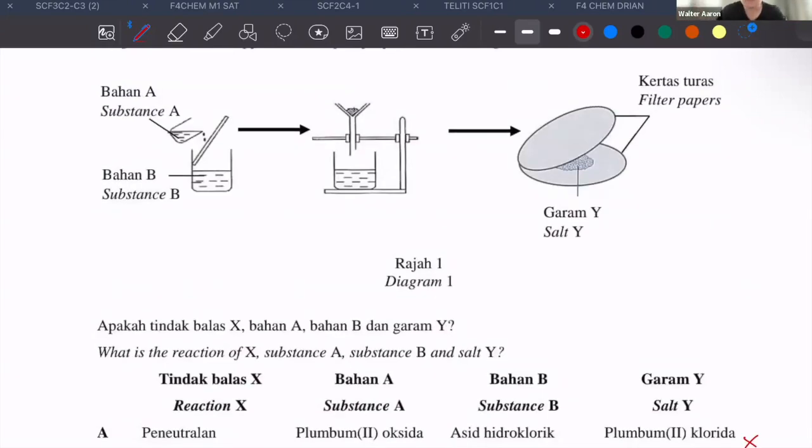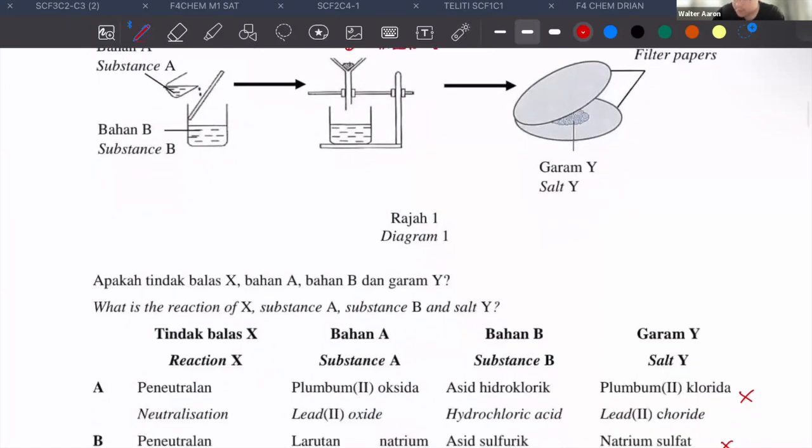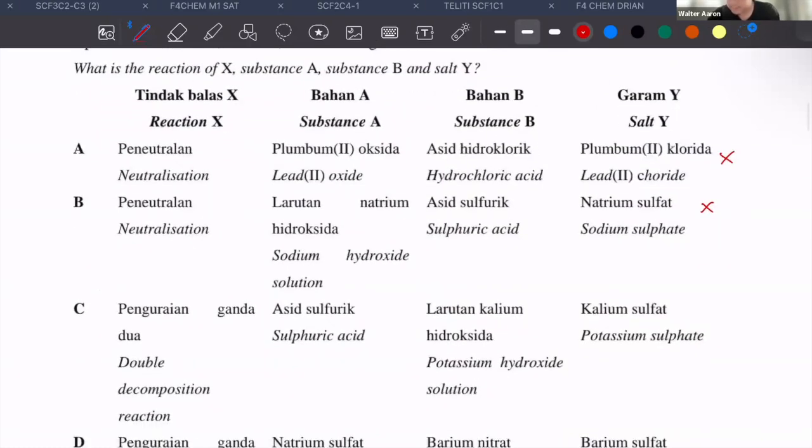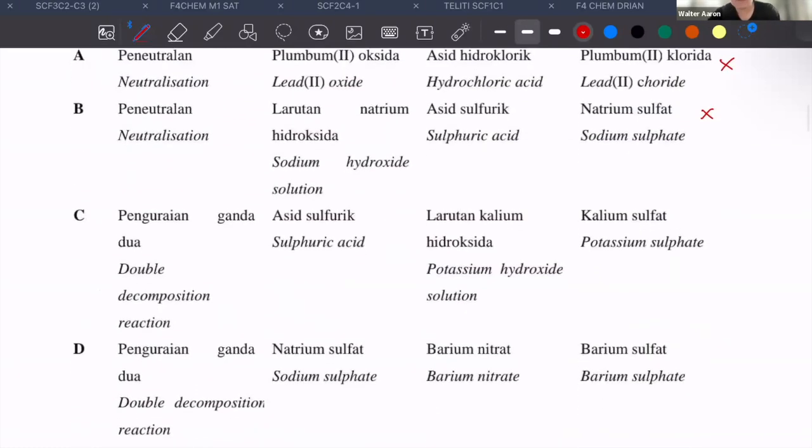The only thing that makes sense is that the residue formed on the filter paper must be an insoluble salt created through precipitation. So it must be the double decomposition method. It's going to be either C or D. But let's see which substance is soluble and insoluble. The end product must be insoluble.